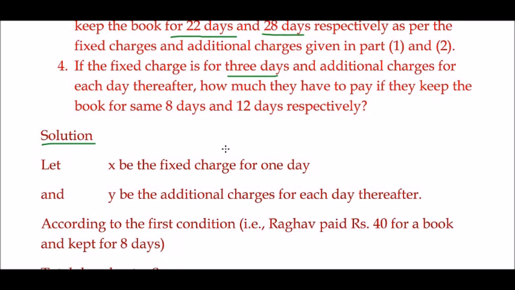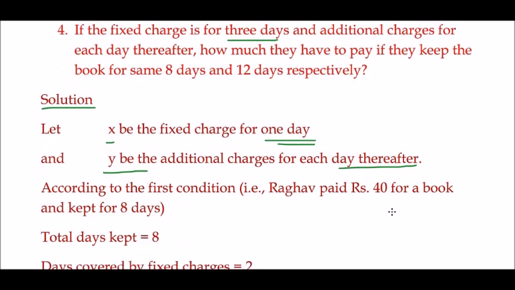Let x be the fixed charge for 1 day and let y be the additional charge for each day thereafter. We can also take x as the fixed charge for 2 days and y as the additional charge for each day thereafter. You can choose which option is easy.